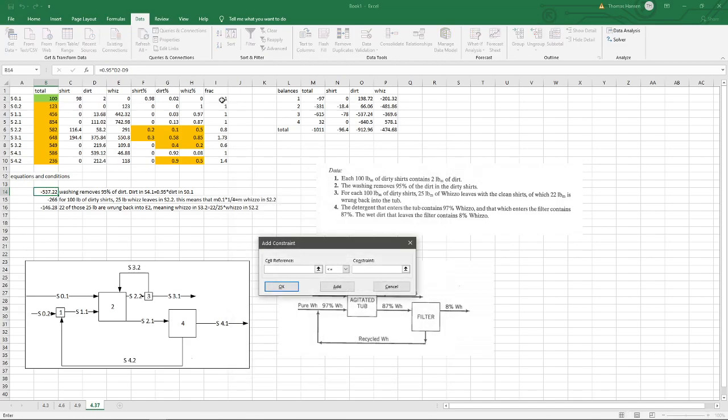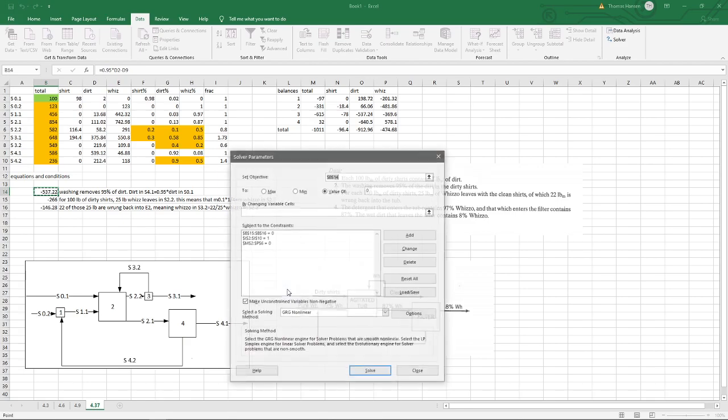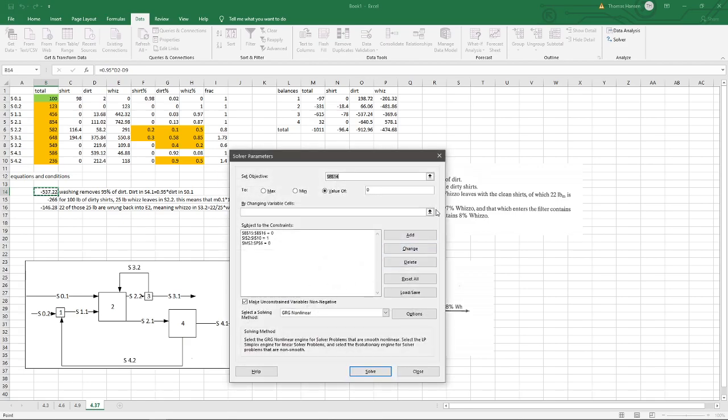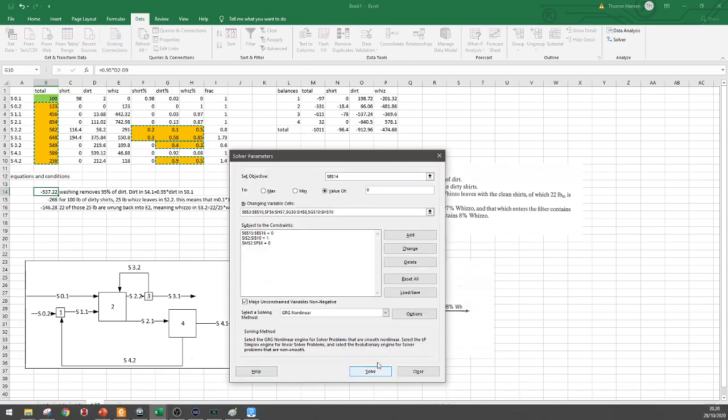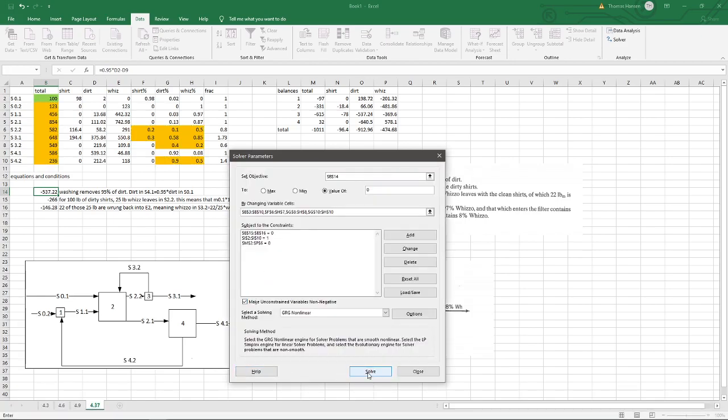And just for the fun of it, I want all of my fractions to be 1. Which cells can I change? I pick all of my variables. There we go. And now we'll see what I forgot since it can't solve.